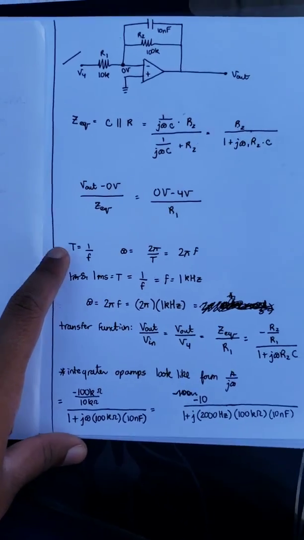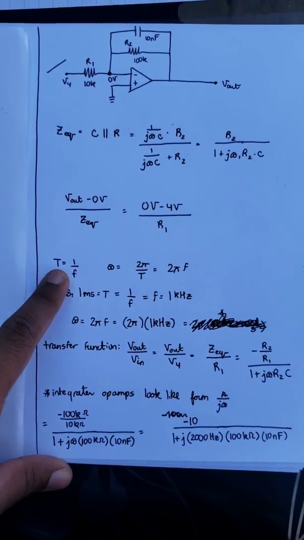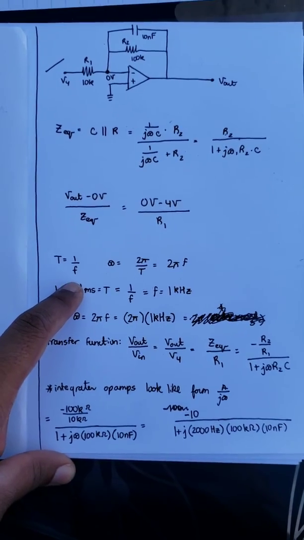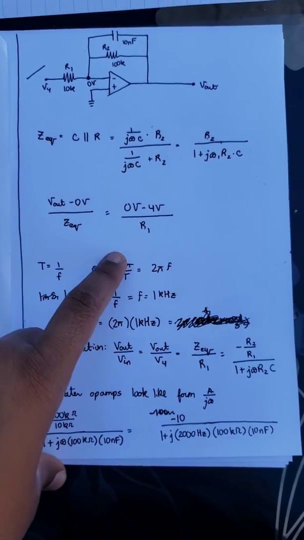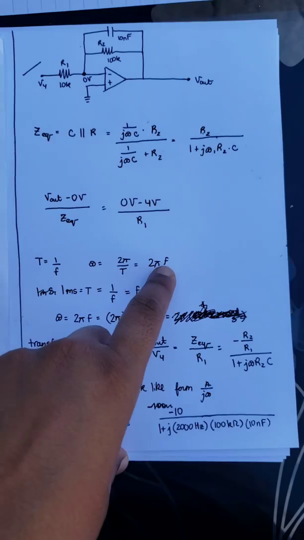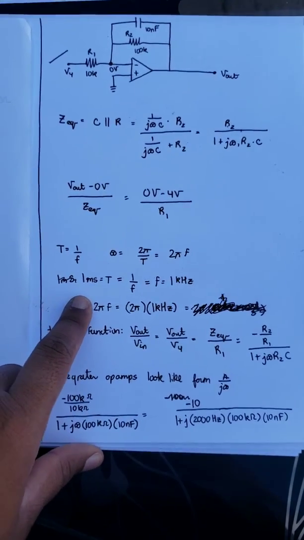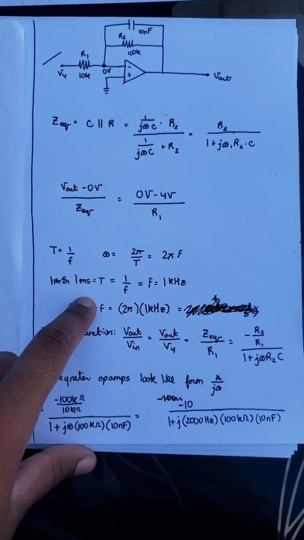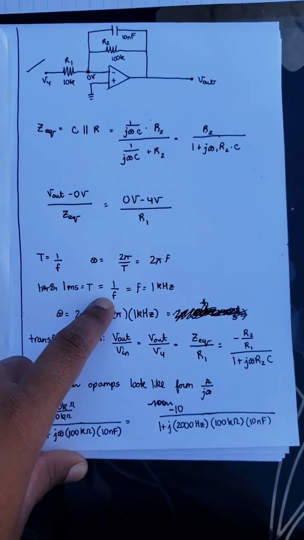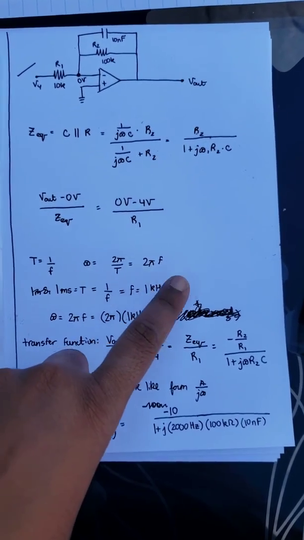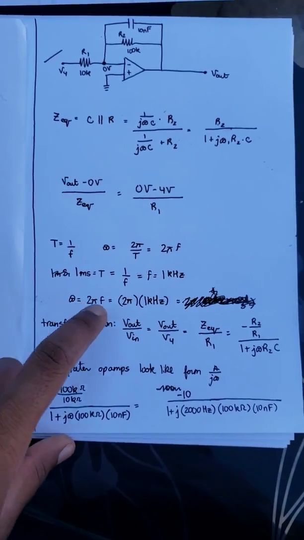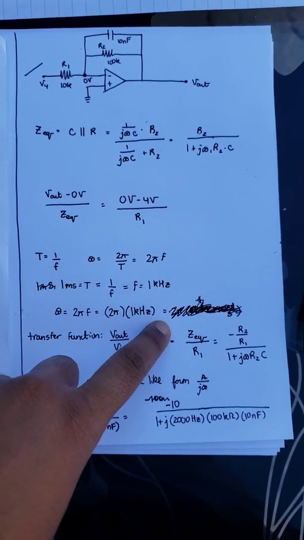Now let's find the omega. We know that T equals 1 over F, which is our frequency. Omega is equal to 2 pi over T, which is equal to 2 pi times our frequency. We know that we have T equal to 1 millisecond, which is equal to 1 over F. So therefore, F is equal to 1 kilohertz. And our omega is now equal to 2000 pi.